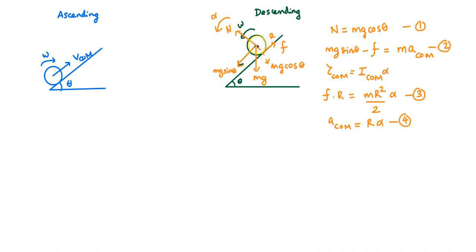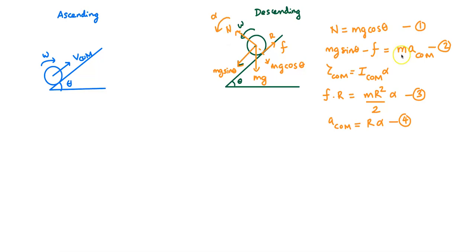And if we look at the torque about the center of mass, the torque due to N and mg is going to be 0, but friction is going to produce a torque in this direction, and so that exactly matches our intuition of omega increasing in this direction, which means the angular acceleration is also in this direction.